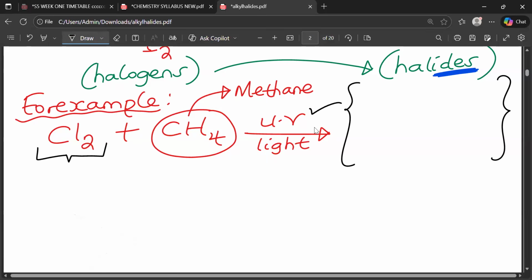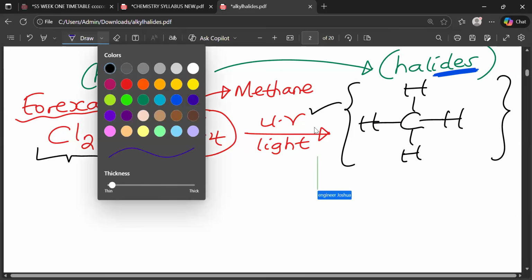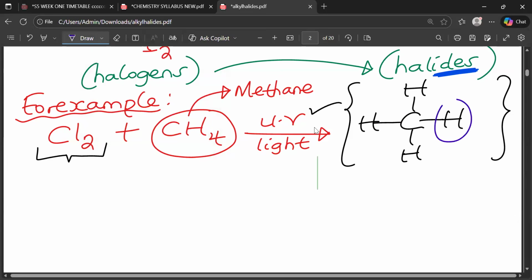So you all know that this methane looks like this. It is having those four hydrogens like that. So when chlorine comes in place, one of this H is replaced by the Cl.